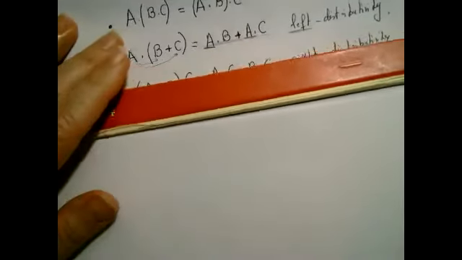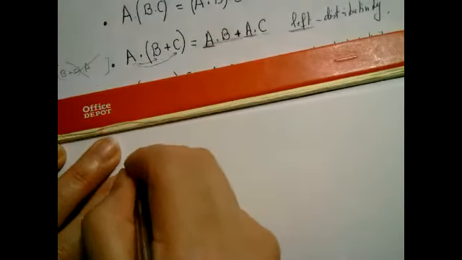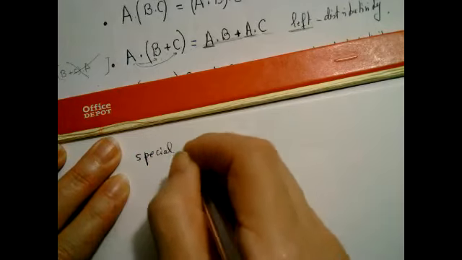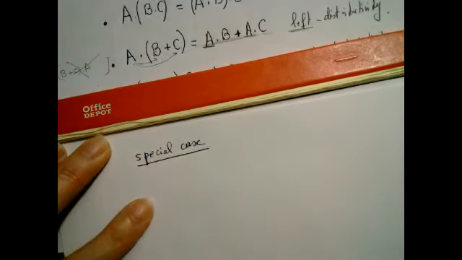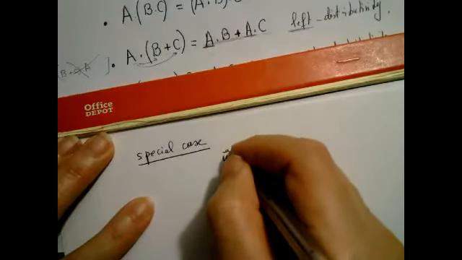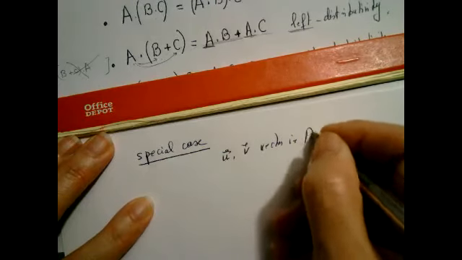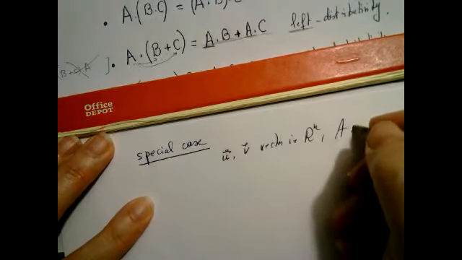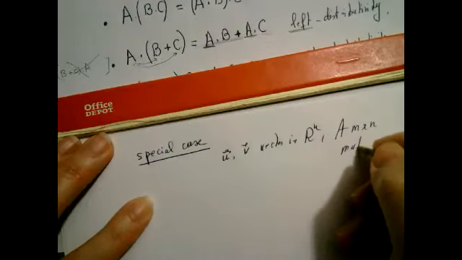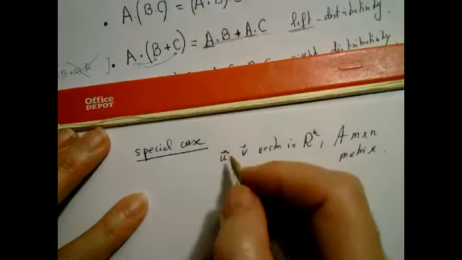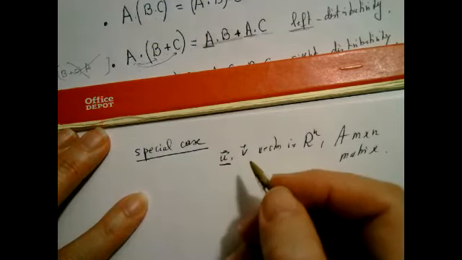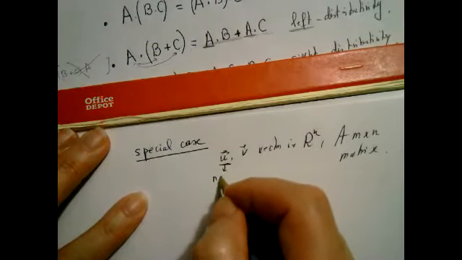I'm going to comment on a small case of this distributivity property. I will call this a special case, but it's actually not much of a special case. Suppose I have U and V, vectors in R^n, and A an M by N matrix. Remember that vectors in R^n are n by 1 matrices.